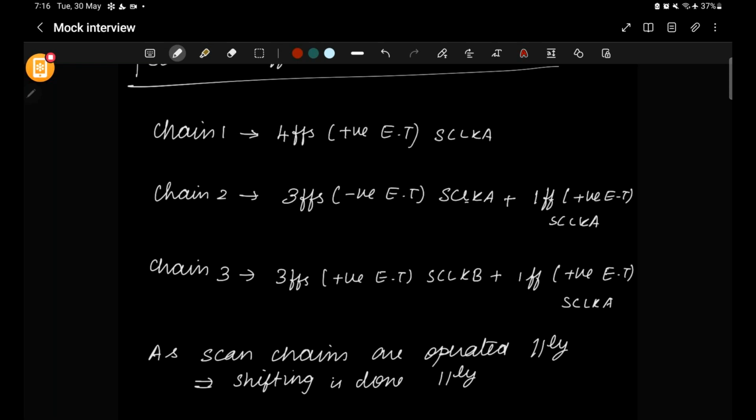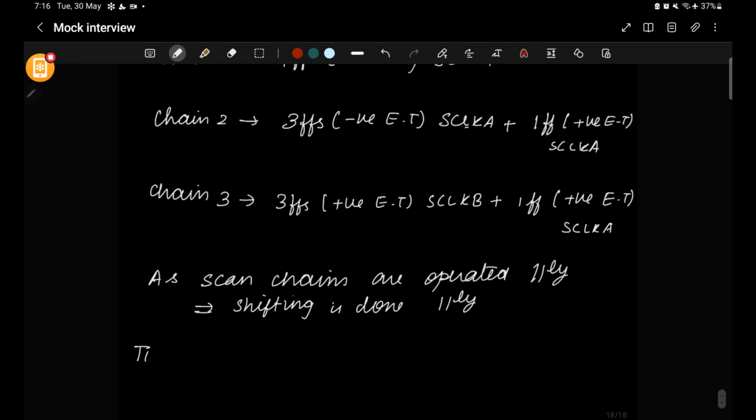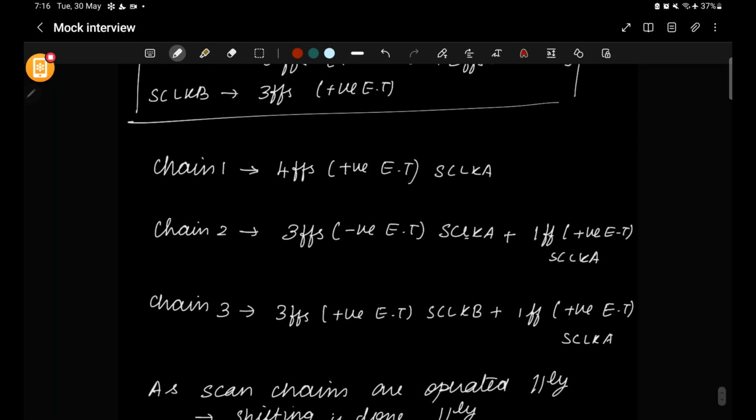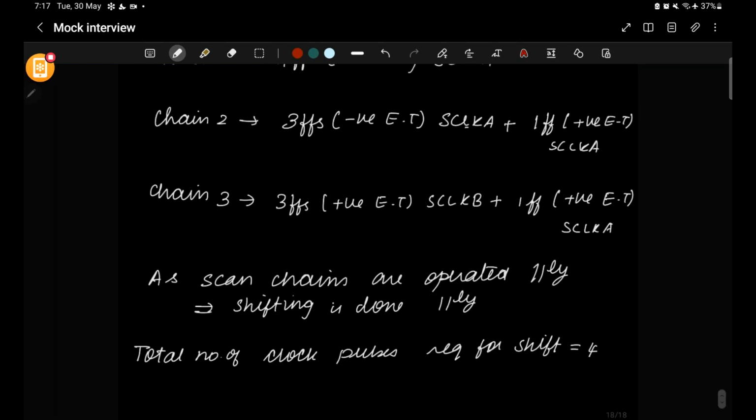Now in this case, how many clock pulses are required for shifting? Total number of clock pulses required for shift is 4, because in all the scan chains, only 4 flops are there. So total number of clock pulses required for shift will be equal to 4.